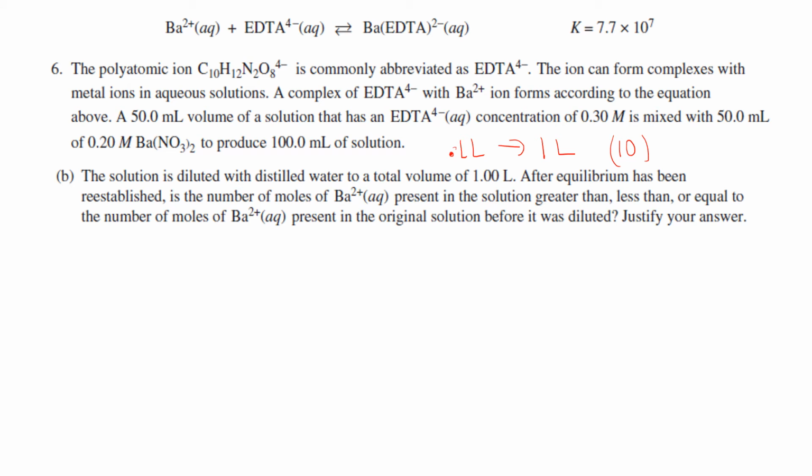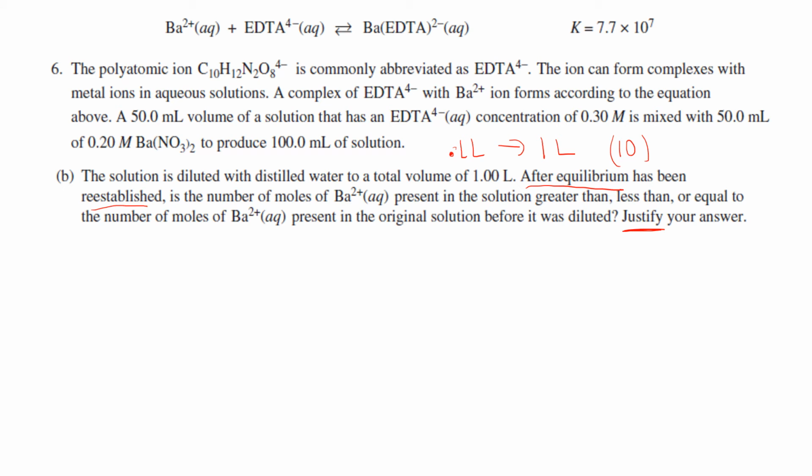After equilibrium has been reestablished, when you hear this, we're talking about Le Chatelier. They want to know, is the number of moles of barium present in the solution greater than, less than, or equal to the number of moles of barium present in the original solution. They're also asking for a justification of your answer, so we are going to have to show some sort of math justification here.